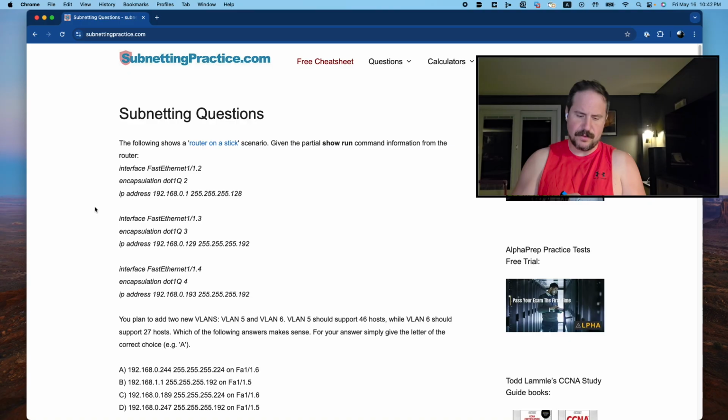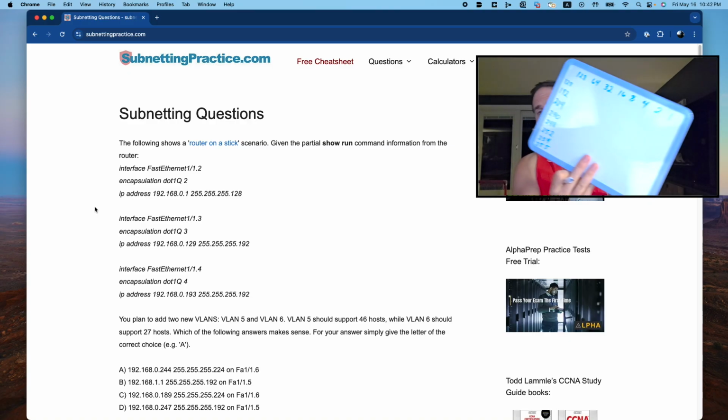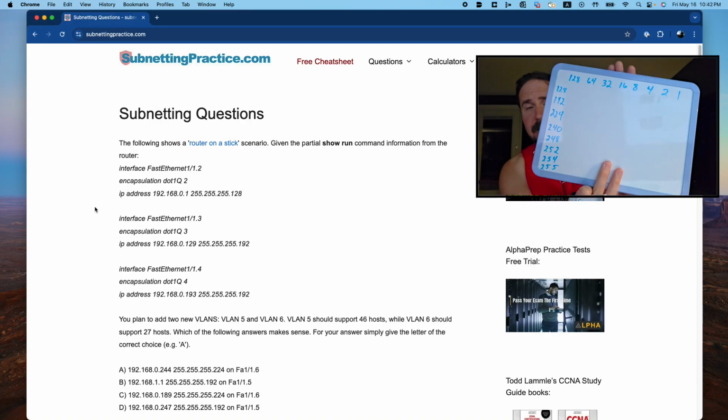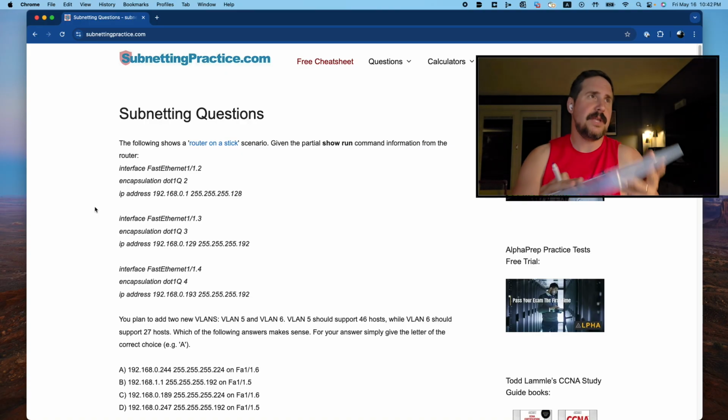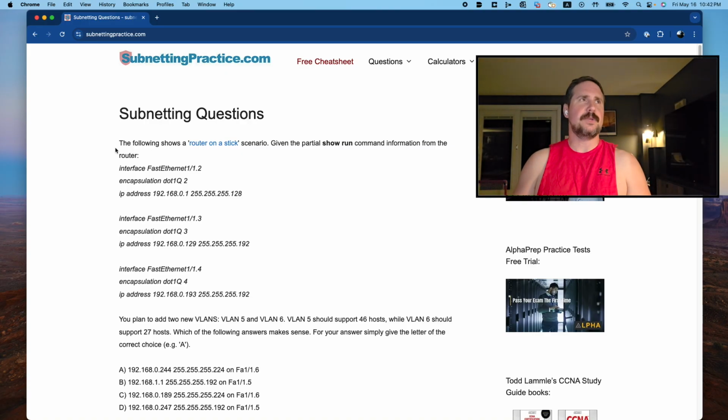And 254 plus 1 is 255. So my little cheat sheet ends up looking like that, and I'll use that for various purposes as we go through these.